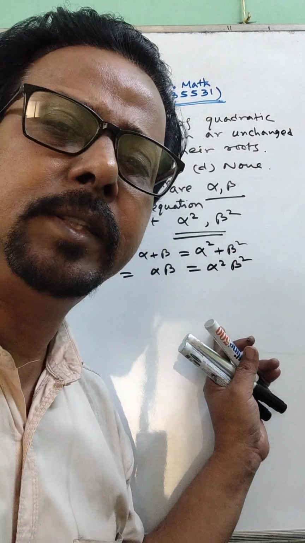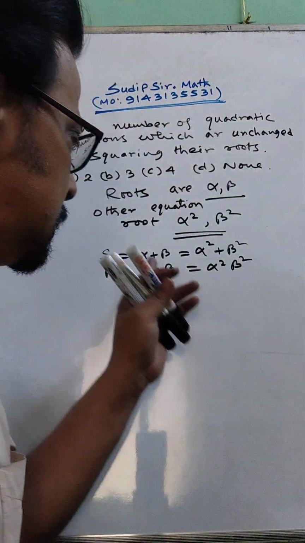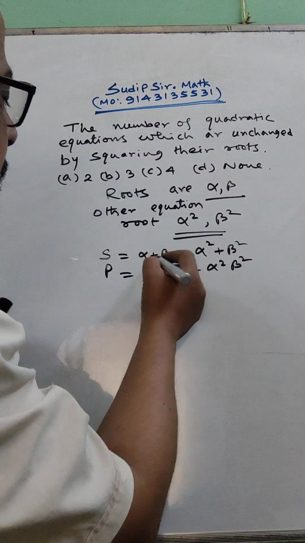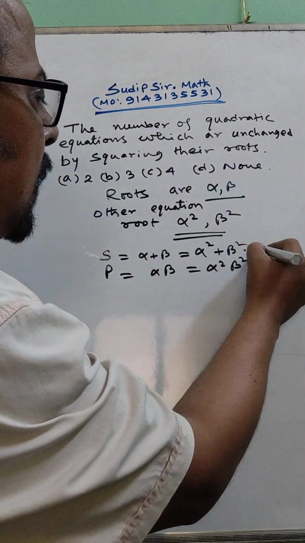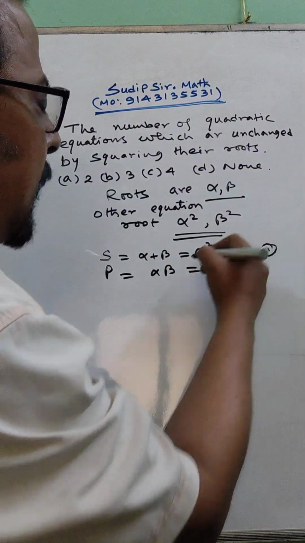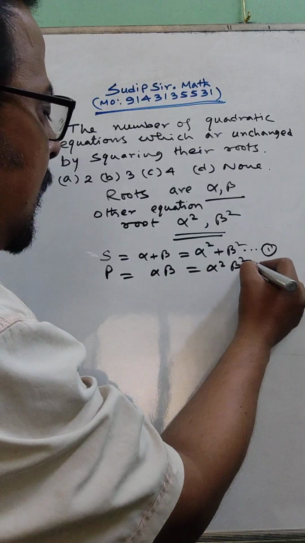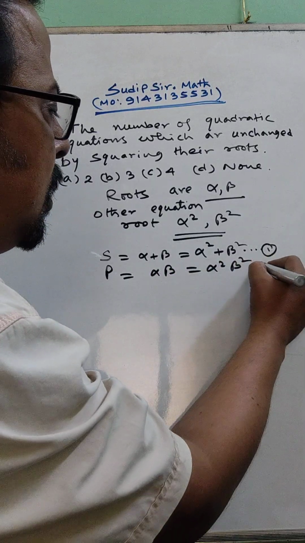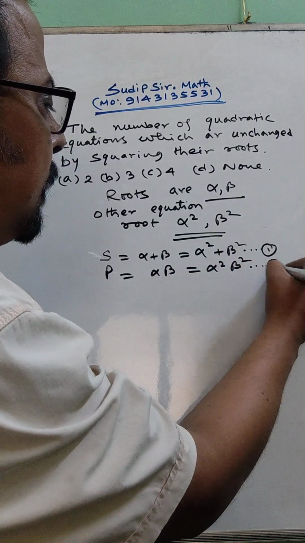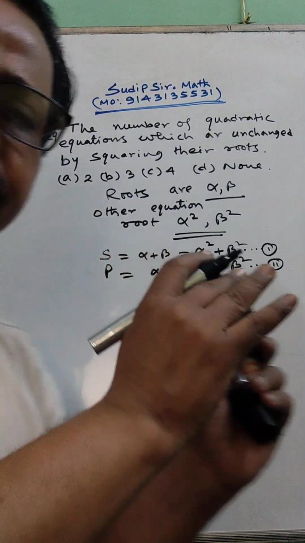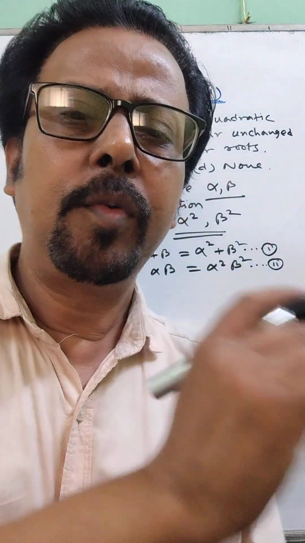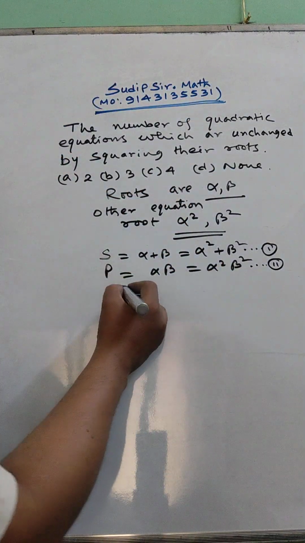Then only it will be unchanged. So the first condition is alpha plus beta equal to alpha square plus beta square, and then alpha beta equal to alpha square beta square. Now these are the conditions. From this we can check.